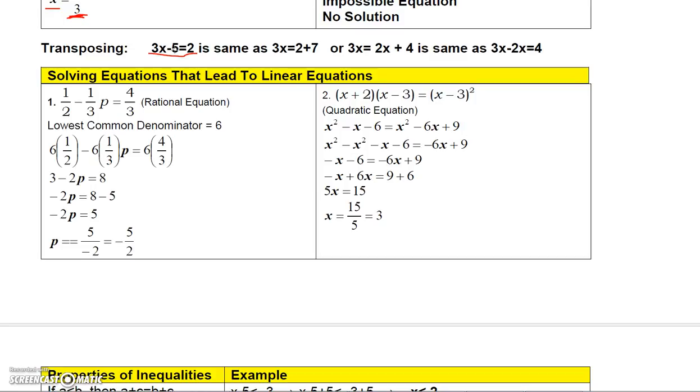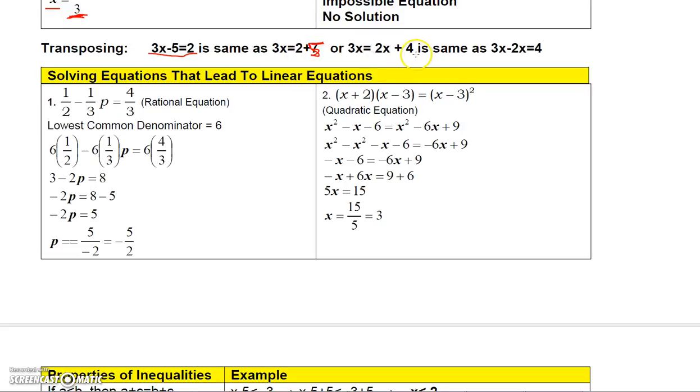What's going to happen is the minus 5 is going to go to the other side, and I see I actually already made an error because I was doing it in my head. But when you add 5 to both sides here, you're going to get a plus 5 on the right side. So actually 3x minus 5 equals 2 is the same as 3x equals 2 plus 5.